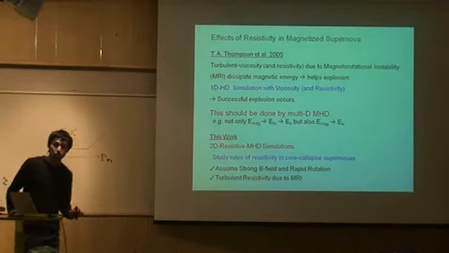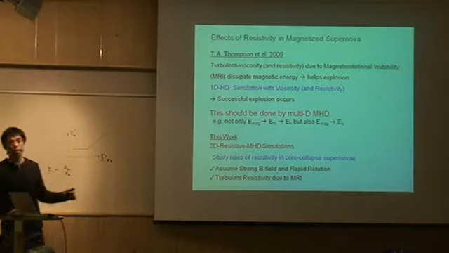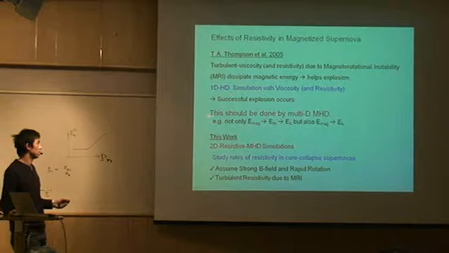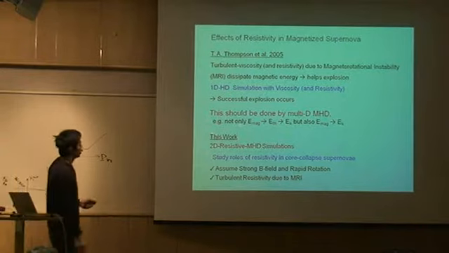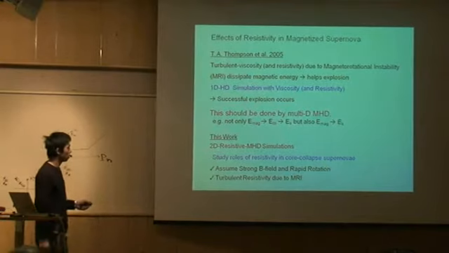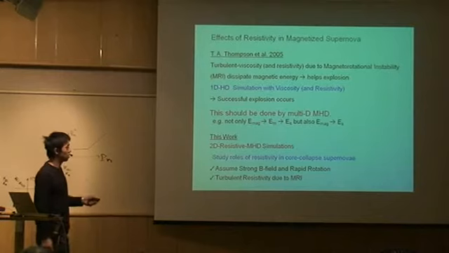However, their simulations are one-dimensional and hydrodynamic, so this should be done by multi-dimensional MHD simulations. For example, in their simulations, only the energy conversion sequence of magnetic energy to thermal energy and then kinetic energy is considered.